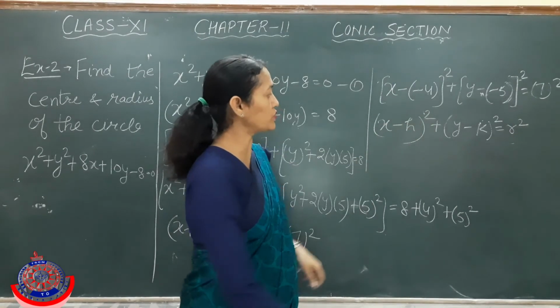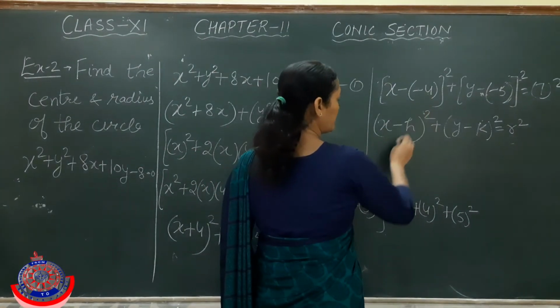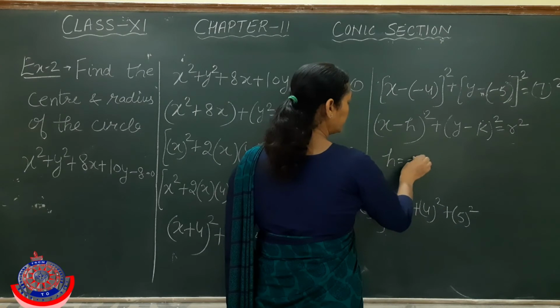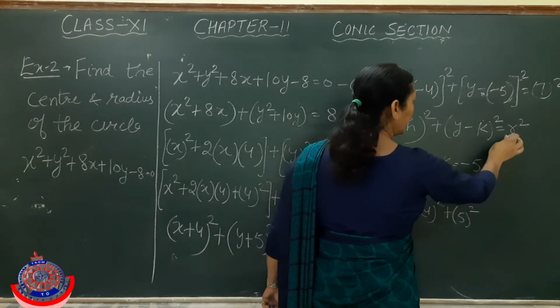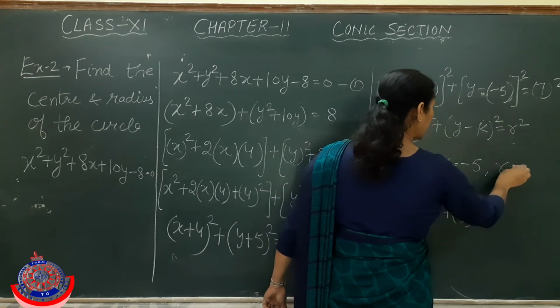Just by comparing the two, what will we get? h equals to minus 5, k minus 4, a is equal to minus 5, and r square equal to 7 square means r is equal to 7.